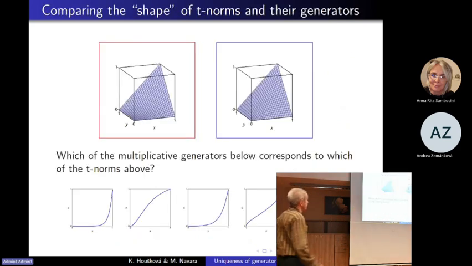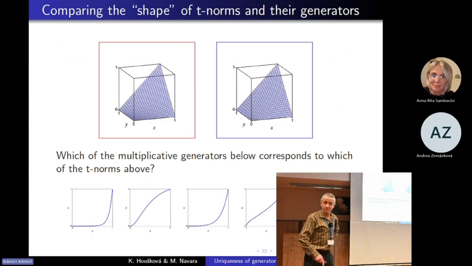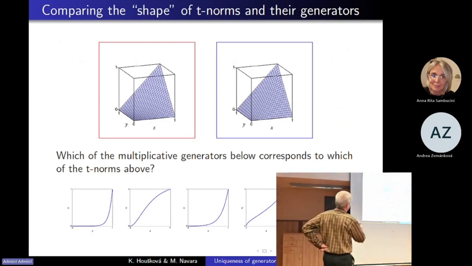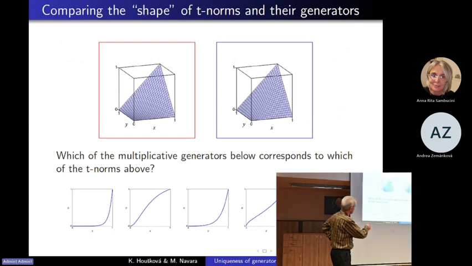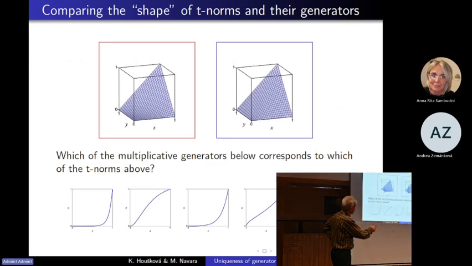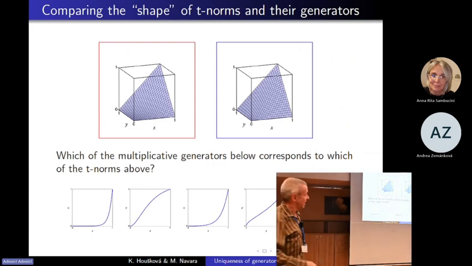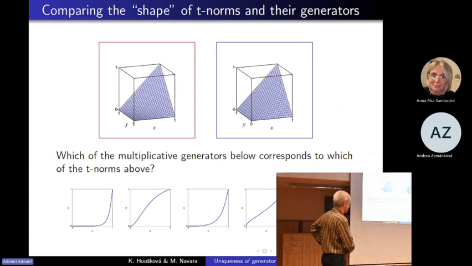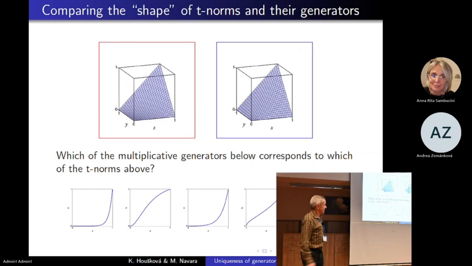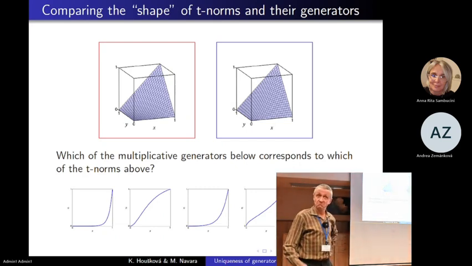So what happens? Task for you. I dare to ask you. You have two T-norms here. They are different. You see here near 0, 0, near the origin, there is some difference. The question is, which of the following multiplicative generators correspond to which of these T-norms? Would you guess?